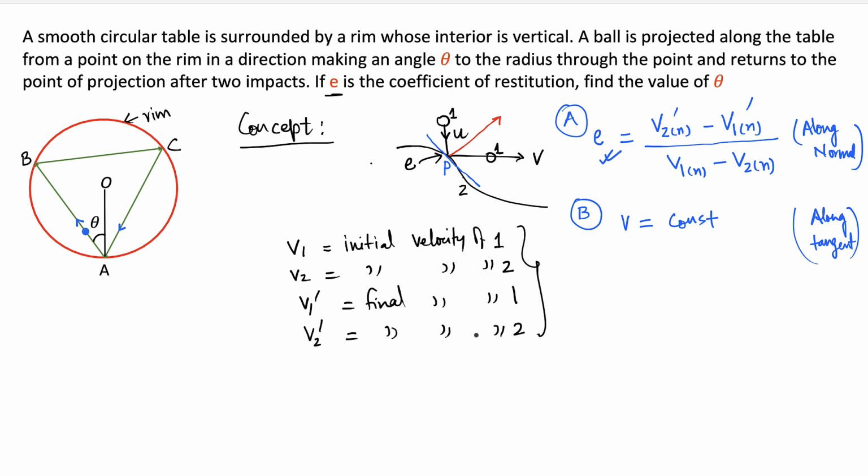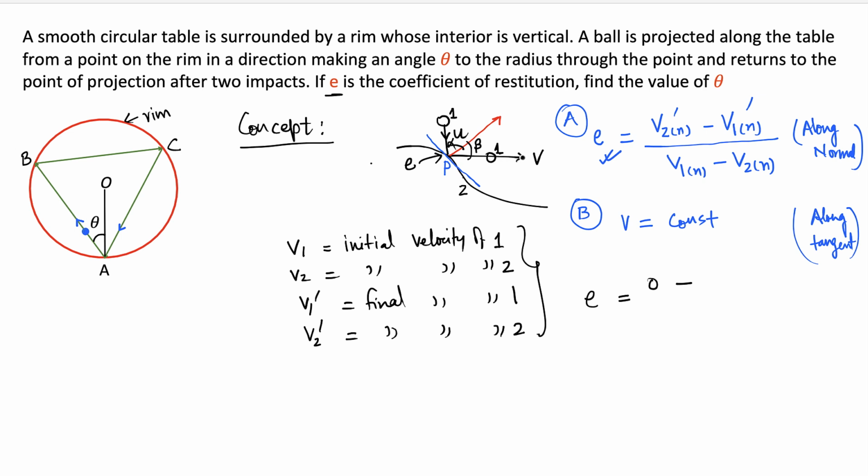That's the description. So let's say in this case, if this is the angle alpha and this is angle beta, and let's say 2 is not moving, then we will write E equal to, so what is the speed of the second object after the impact? 0, because 2 is not moving, so 0 minus the velocity of the first object along the normal.